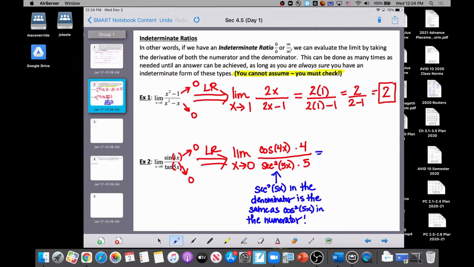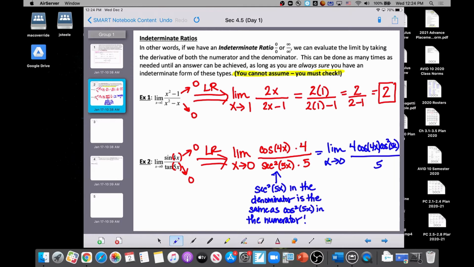So I'm going to rewrite this as the limit as x approaches 0 of, I'm going to put the 4 in the front. I still have the cosine 4x. But then I'm bringing the secant squared 5x upstairs and renaming it cosine squared 5x. And that 5 is still in the denominator.